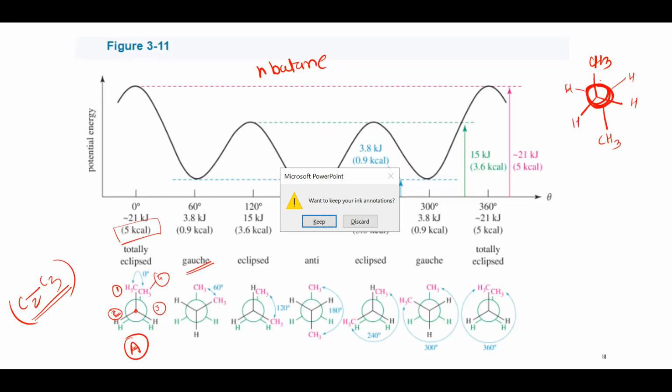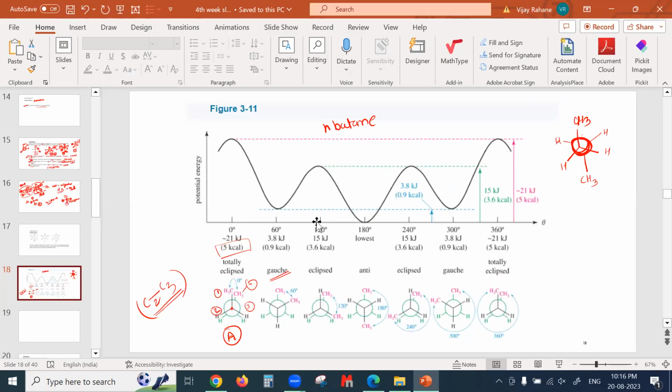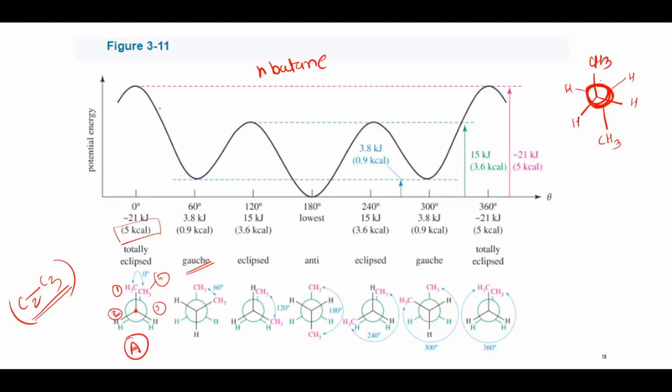The question will come like this: they simply ask which bond is undergoing rotation in the conformation changes. The C2 and C3 bond is undergoing the rotation. So we'll get structure B by rotating this C2 and C3 bond.